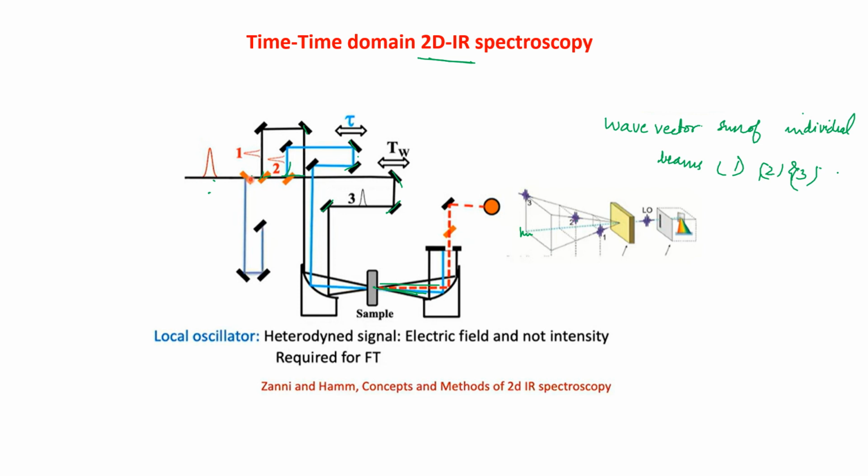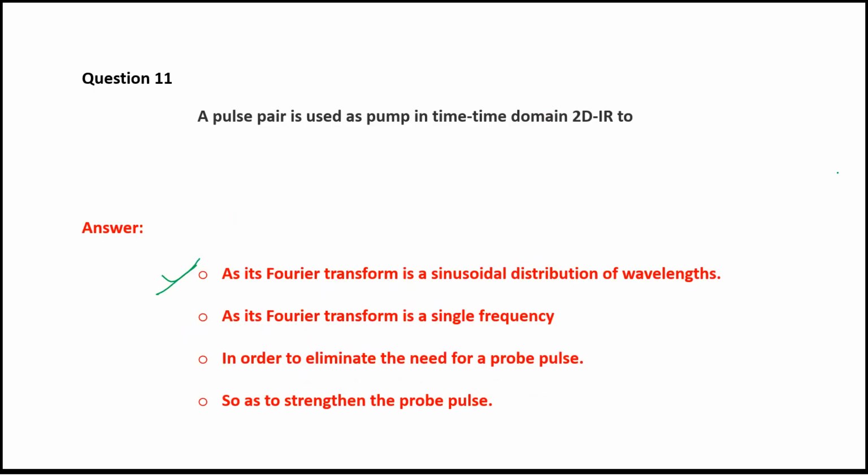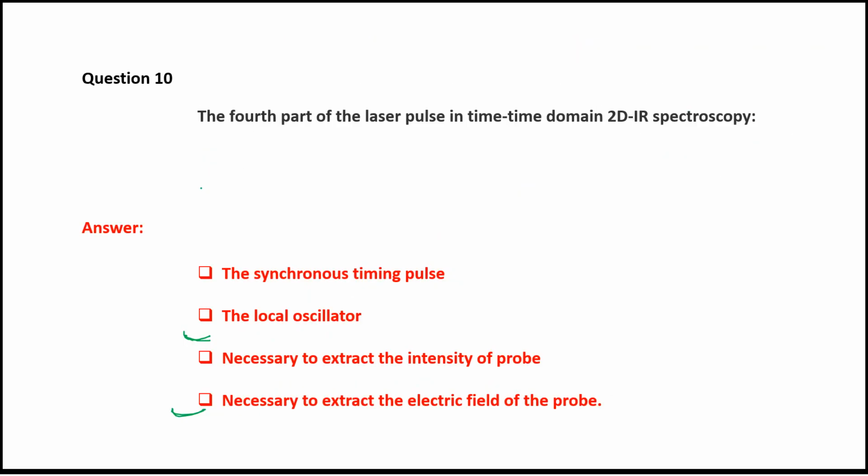Okay. So, what are the options here given to us? A pulse pair is used as pump in time domain so that there is sinusoidal distribution of wavelength. So this is the pulse pair. Sorry.